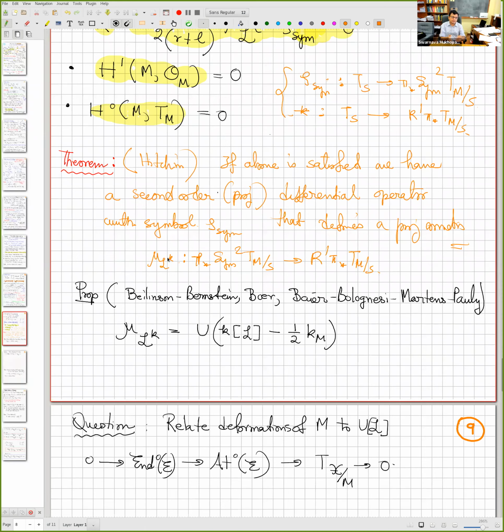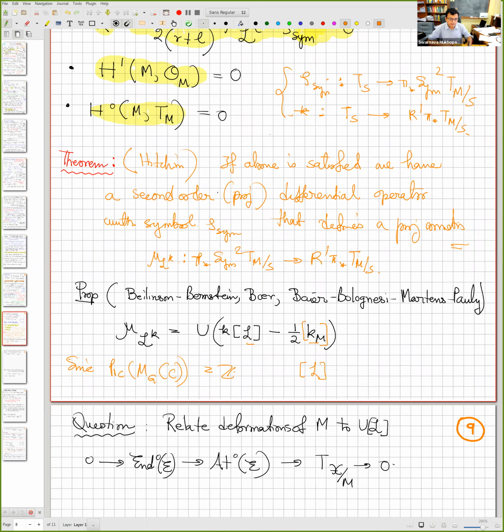There's a result of Beilinson and Schechtman, and I think another proof is given in Bayer, Bolognese, Martens, and Pauly, that this map is nothing but cup product by some particular class. Now, since the Picard group of M_G(C) is Z, this class and this class are multiples of each other.